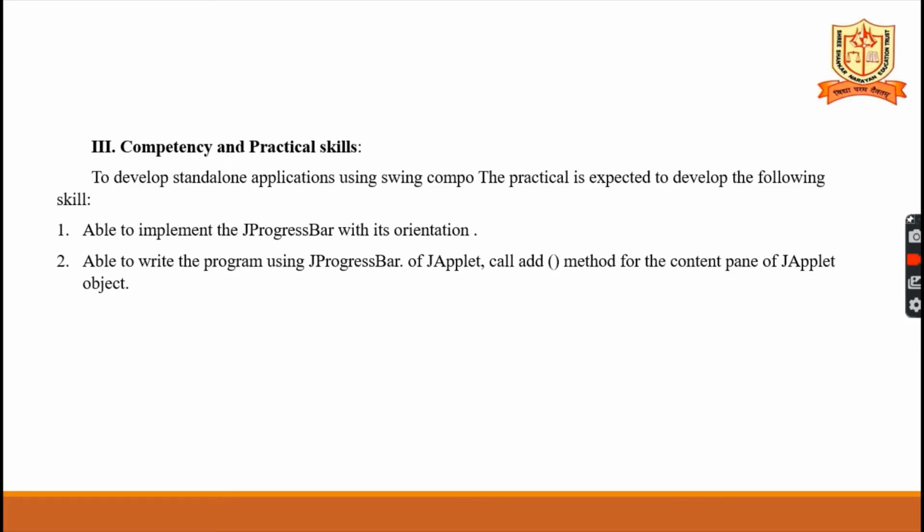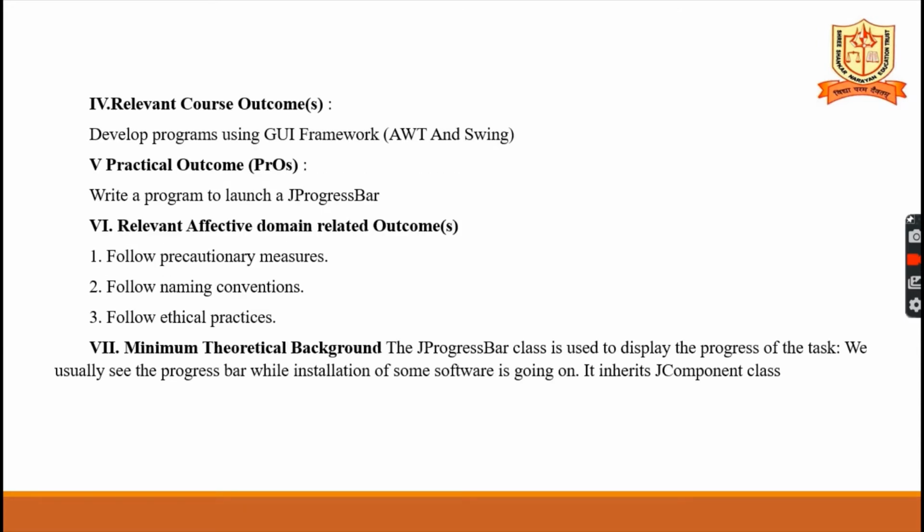First you have to create the JProgressBar object, and then you have to add this into the JApplet. To add into the JApplet, before that you have to retrieve the container object. How will you retrieve it? Using getContentPane. Using this getContentPane, you retrieve the container object, then add this progress bar object to the JApplet.